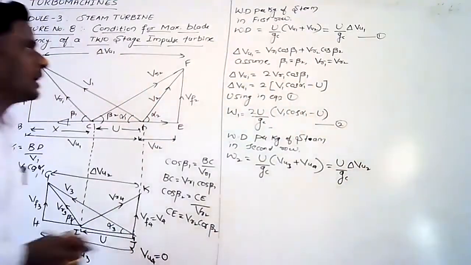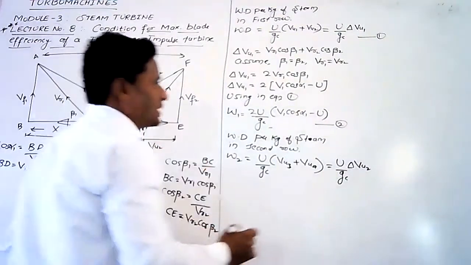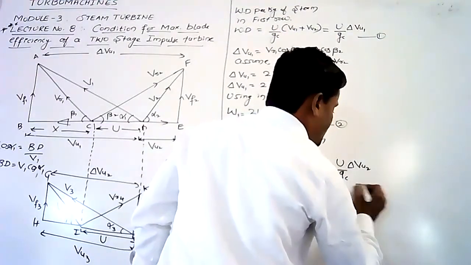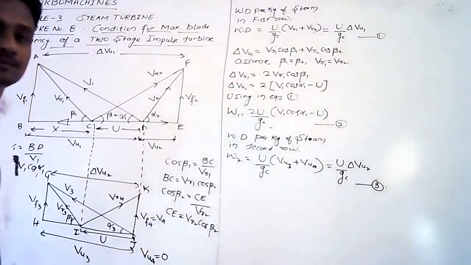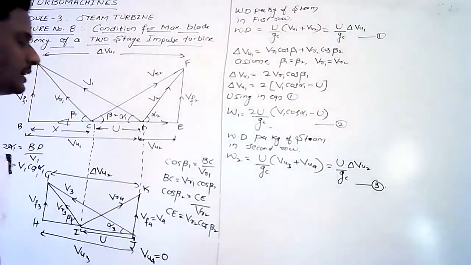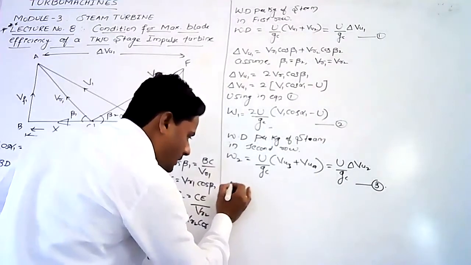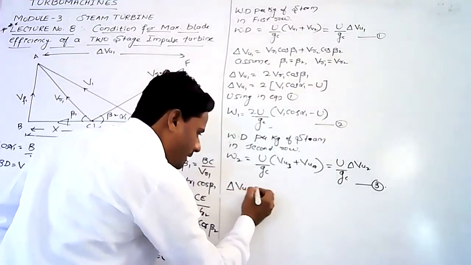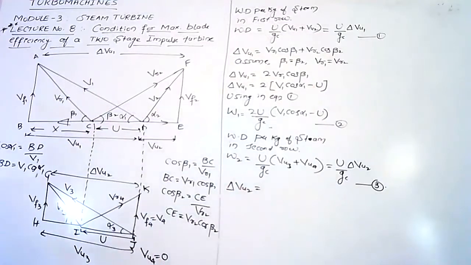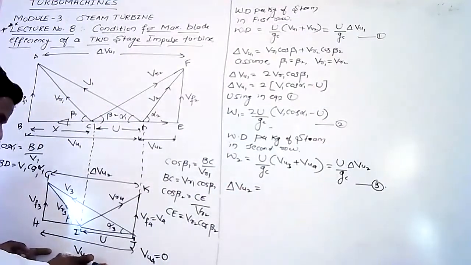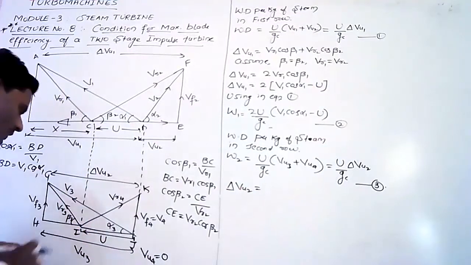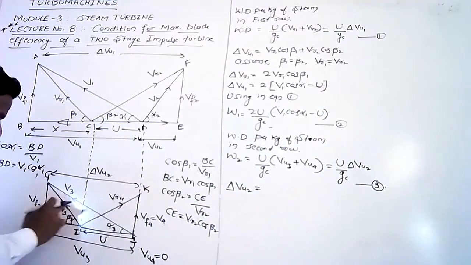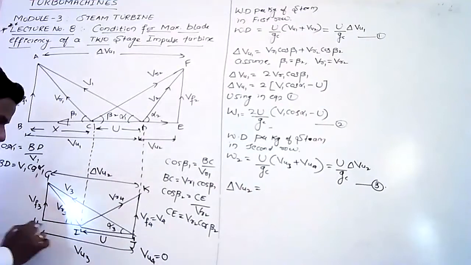Now listen here carefully, how to write the delta VU2? So let us take it as equation number 3. Delta VU2 is nothing but VU3. So how to write VU3 here?